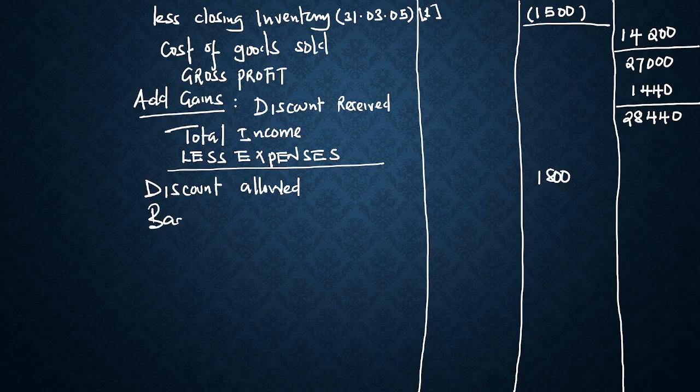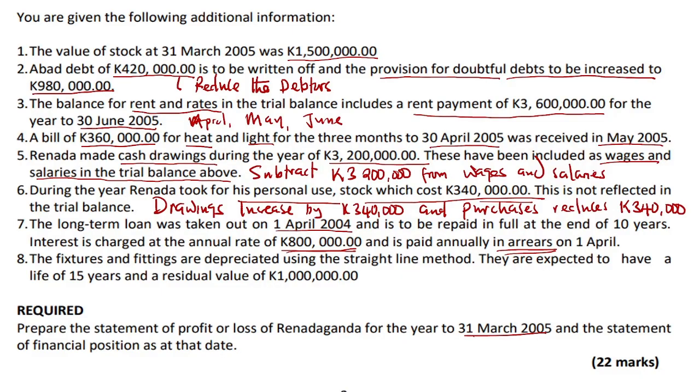Then if you check on our notes, I think we had something to do with bad debts. Yes, bad debts. Bad debts written off should be note 2. 420. Yeah, 420. Also, this one is going to reduce the debtors.